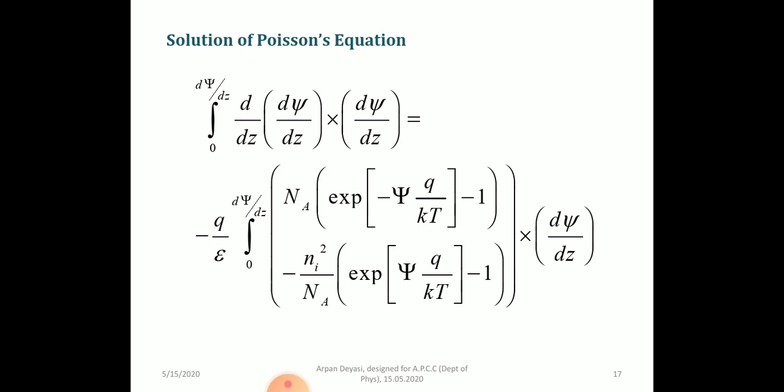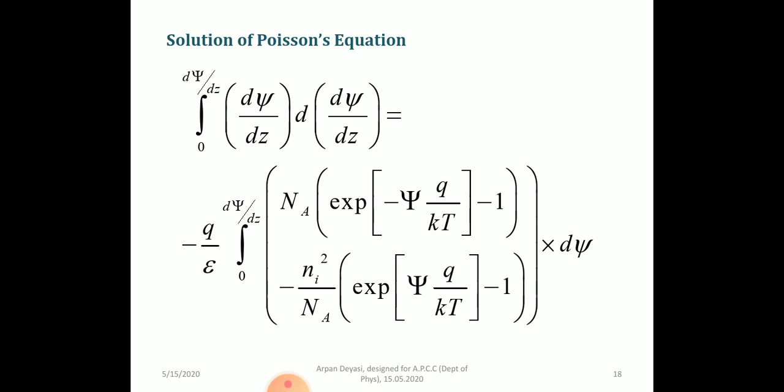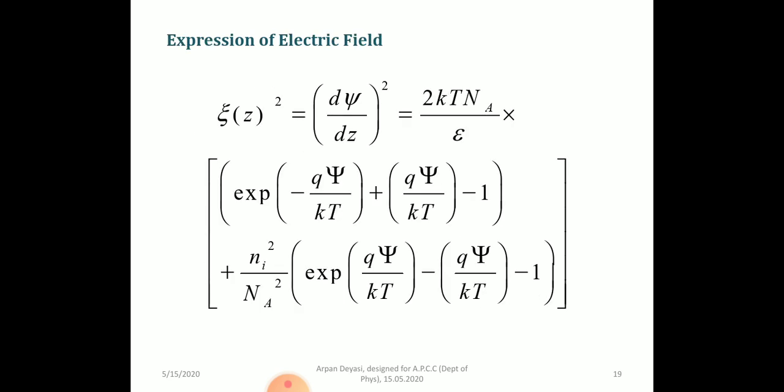And what I am making on the left part will be 2 of d psi dz. So if I cancel dz from both sides, what will it be? The left hand side will be electric field square, and the right hand side, if you integrate it, will be a variation of d psi. So if you integrate it, it will be the value of this expression.